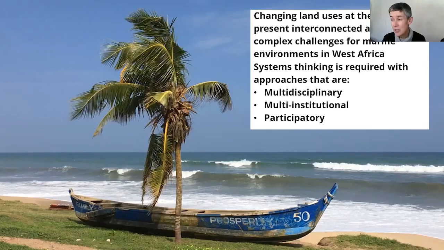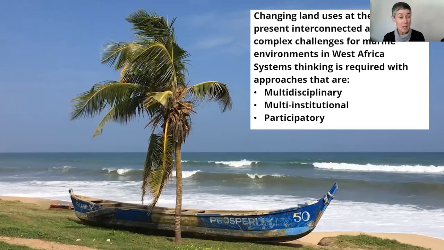What is required then to address these, and Mike's talked a lot about this at the start of the seminar, is really needing that systems thinking. So approaches need to be multidisciplinary, so working from different aspects.